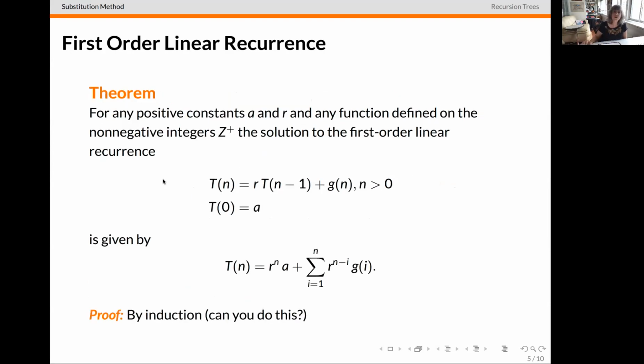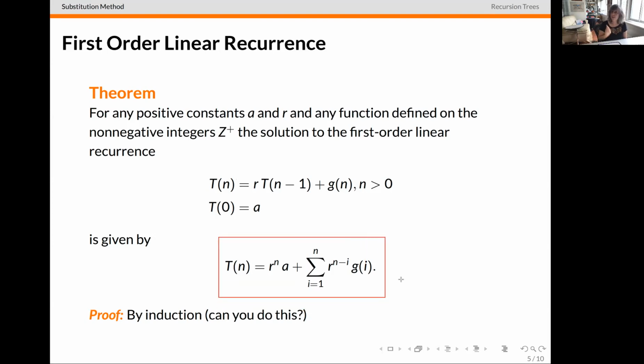function. For first order recurrences, we have a theorem that basically uses that same idea, that iterates the first few steps and then proves by induction. And what we have is something similar to a geometric series. So it's of the family of the geometric series.